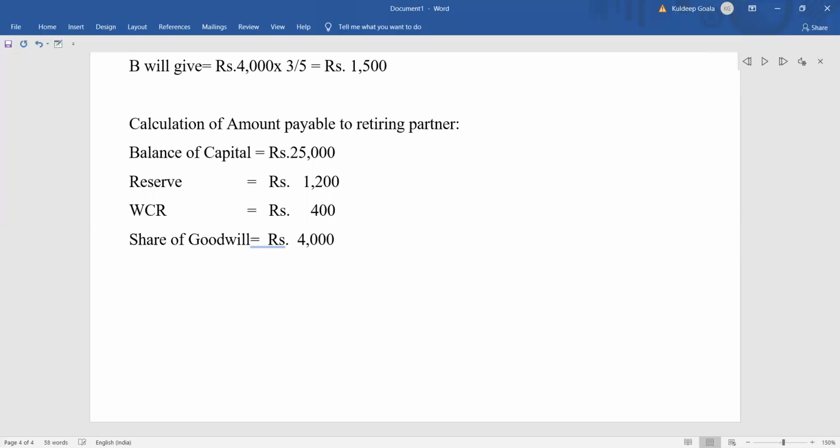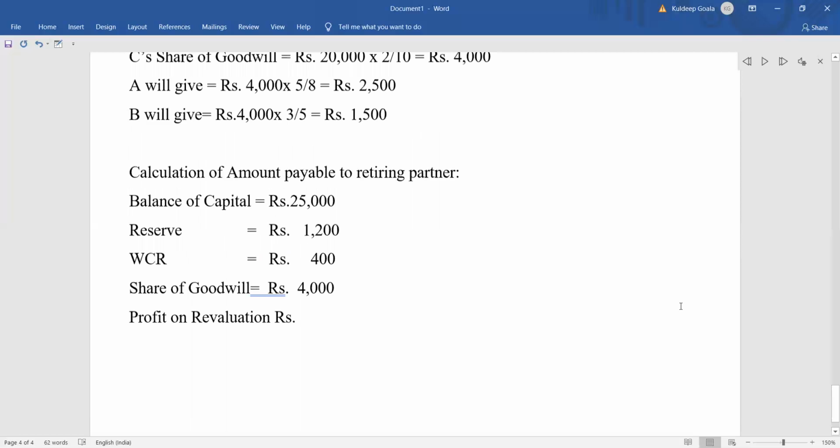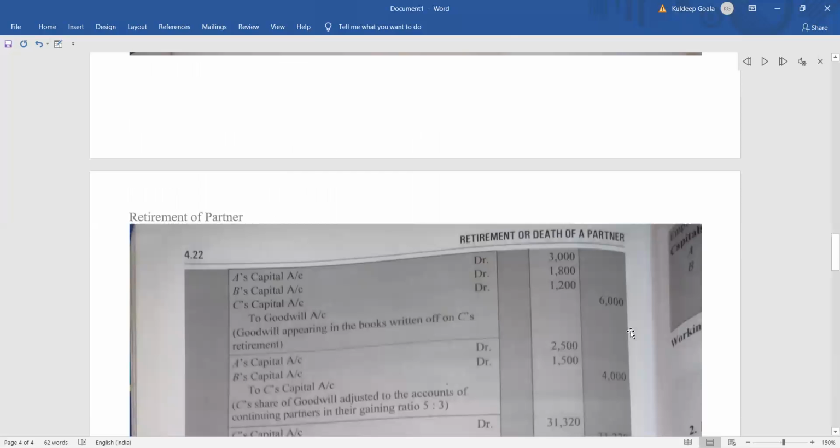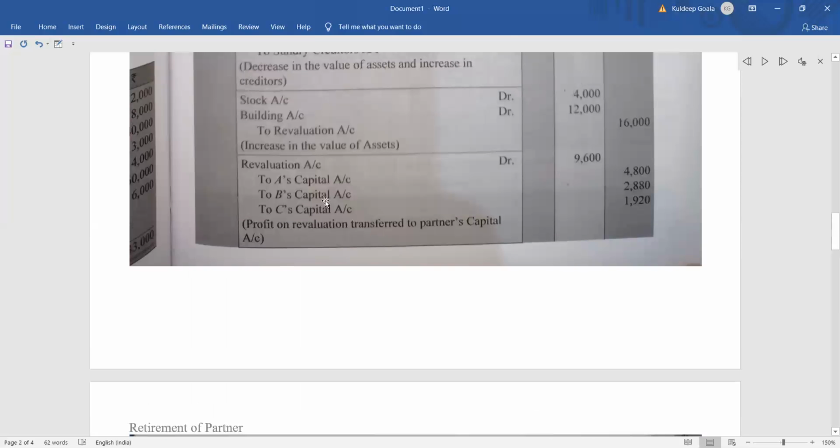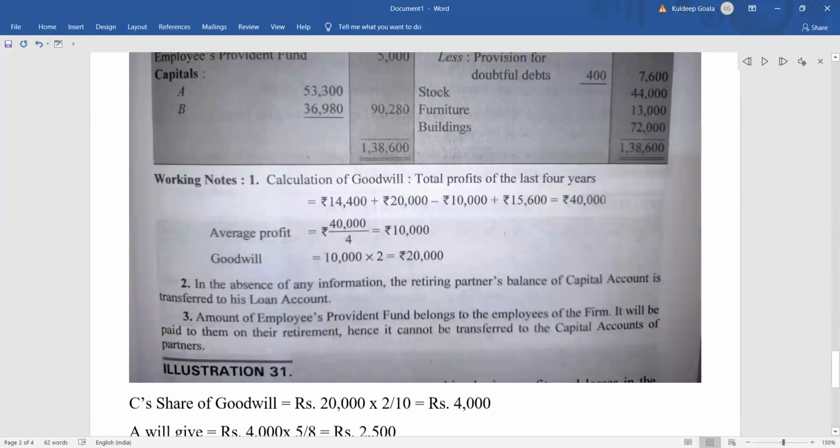In addition to this, we have got one more important thing, that is the share of profit in revaluation, or profit on revaluation. How much was the profit on revaluation? Let's see what it is there. Profit on revaluation was how much? 1,920, right?